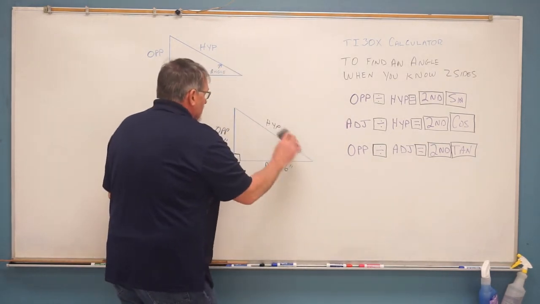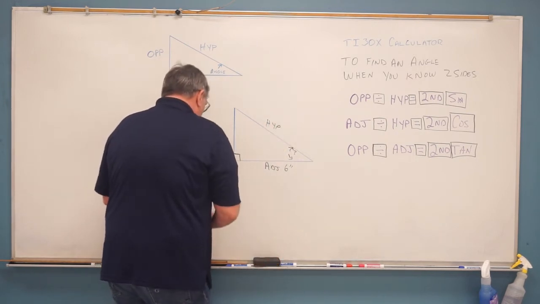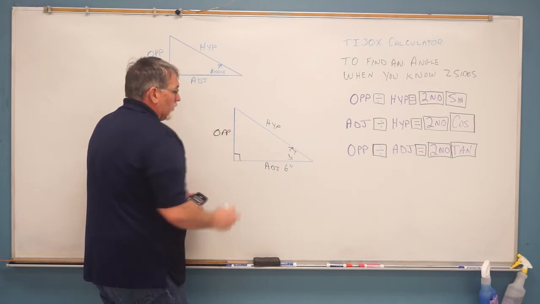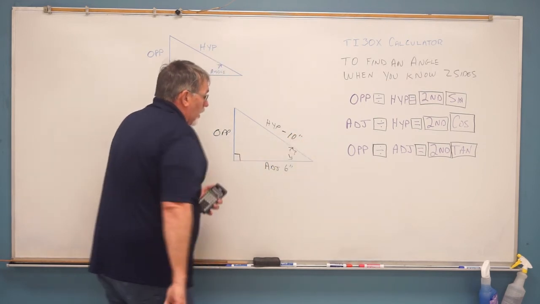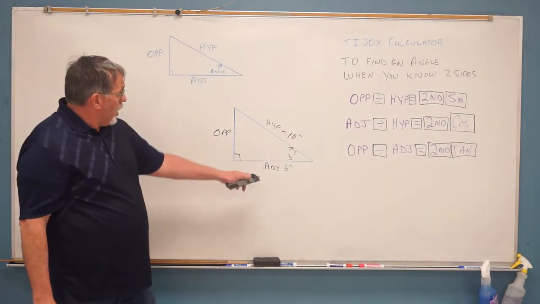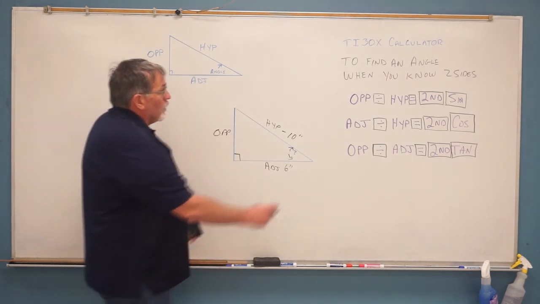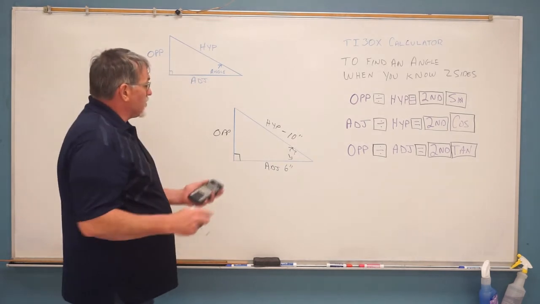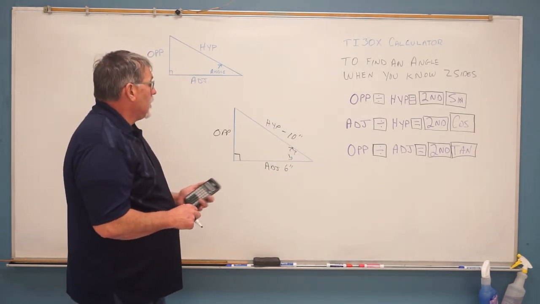So in this case, let's leave the adjacent as it is. And I'll give you a number for the hypotenuse. Let's just say this hypotenuse is 10 inches long. So now we know our adjacent side and our hypotenuse, which would be the second formula here. So let's solve for that. And you notice I haven't changed the angle, right?